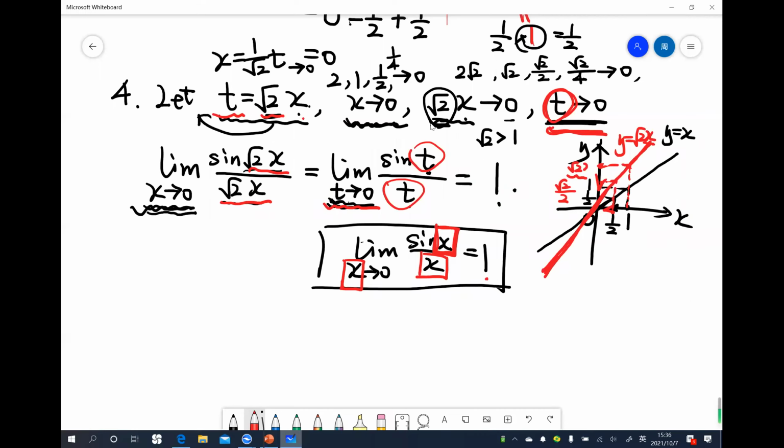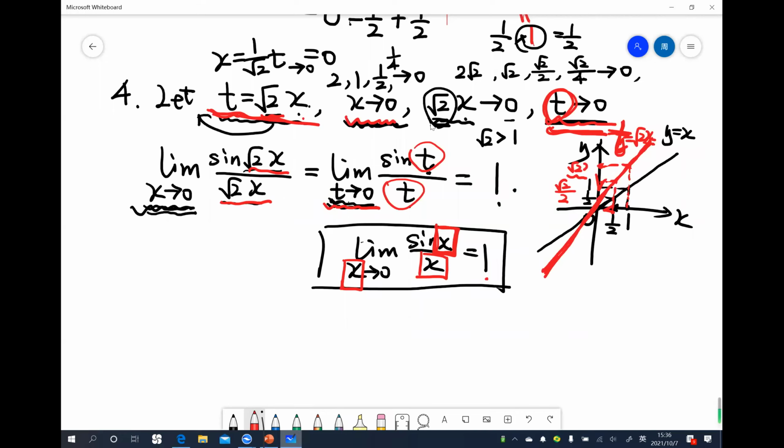I am explaining why as x approaches 0, t approaches 0. That means here you can draw this line, and this is the graph of y equals square root of 2x. Here we can use t: t equals square root of 2x.